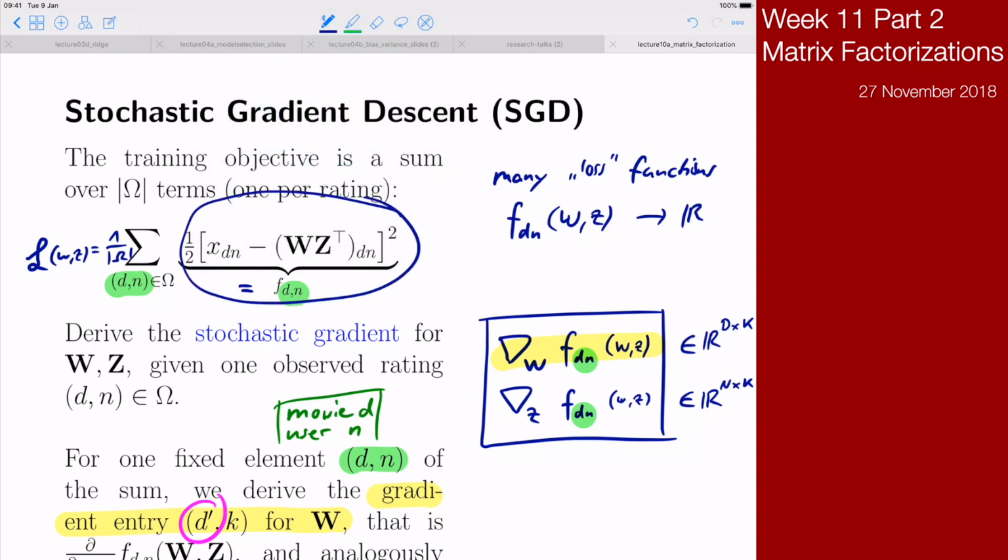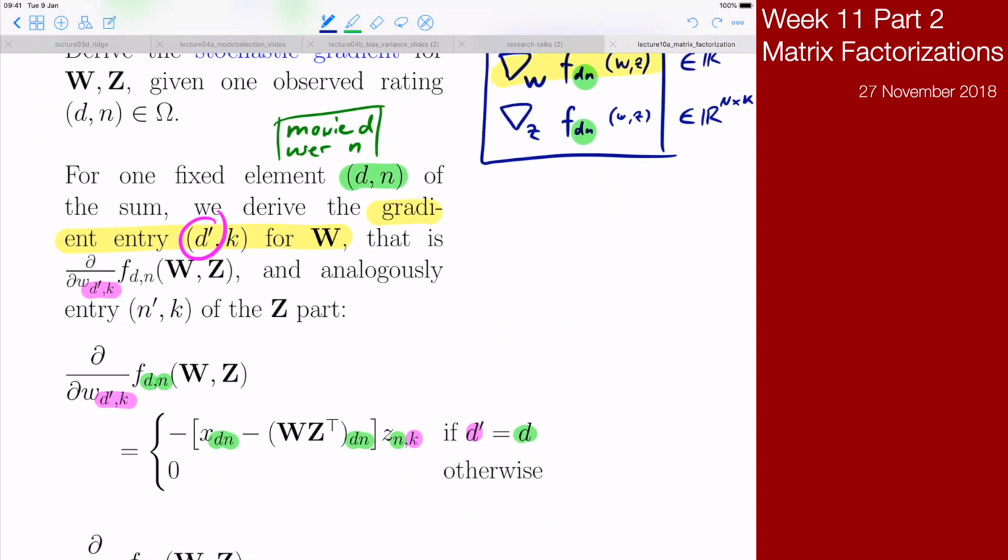So fix dn. So the dn's prediction, that is say 3 stars. So we ask for that user movie dn, how close are we? So that's what we have here. That's the prediction error.